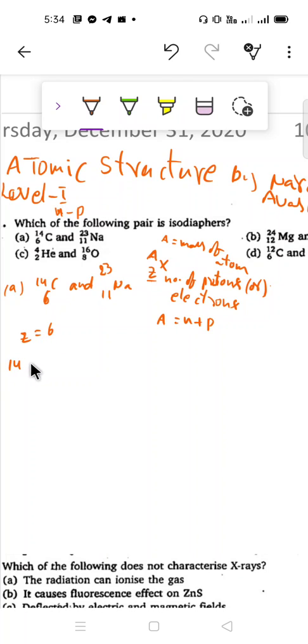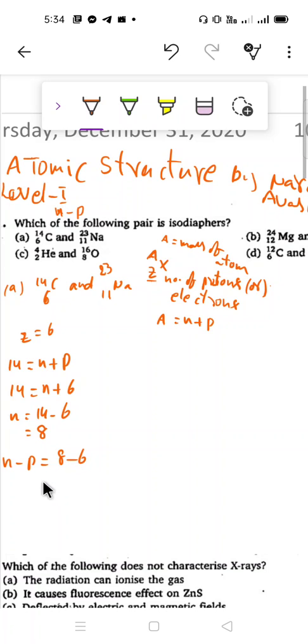A is equal to 14, which is N plus P. Substituting Z is equal to 6, N is equal to 14 minus 6, so N is 8. N minus P is 8 minus 6, which gives 2.